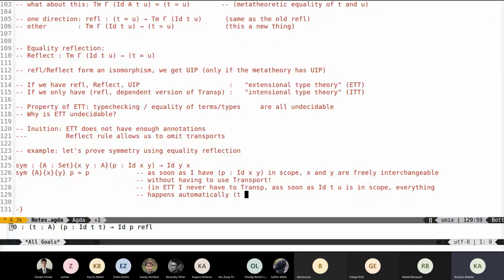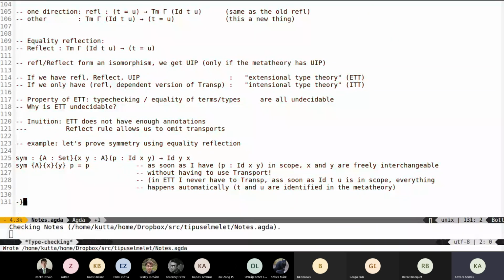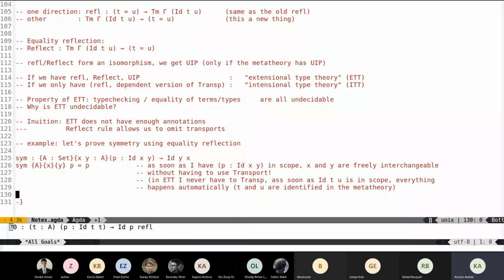So basically, t and u are kind of identified in the meta theory. Okay, but this is a bit problematic, because this means that whenever I have to do any proof which works by equational reasoning, I don't have to write the proof. So it happens kind of in a magical way.